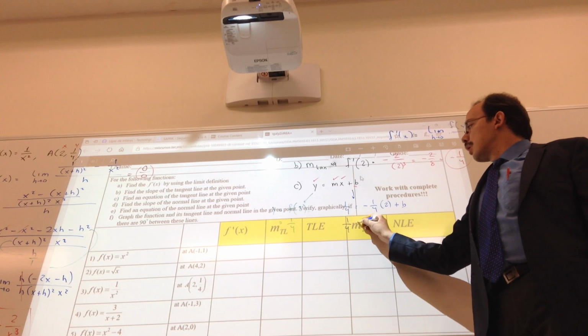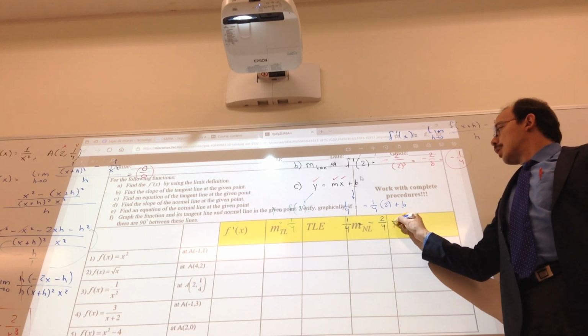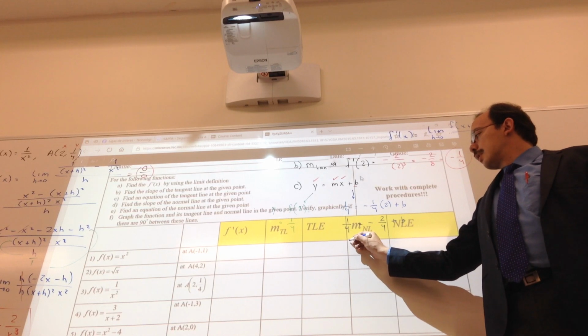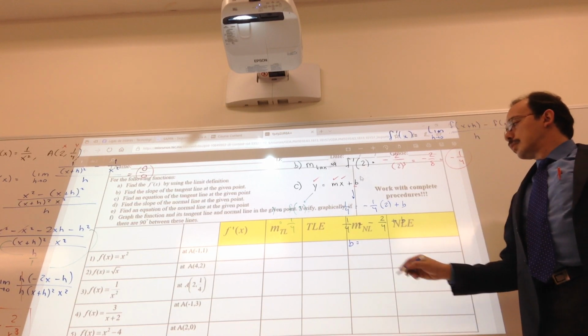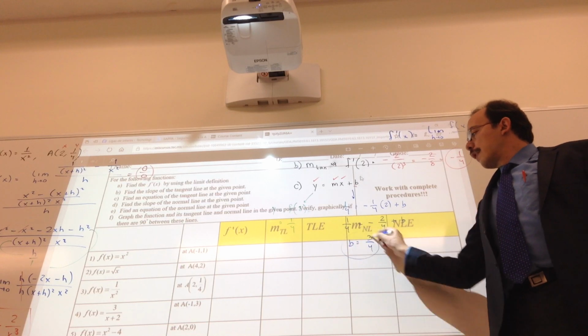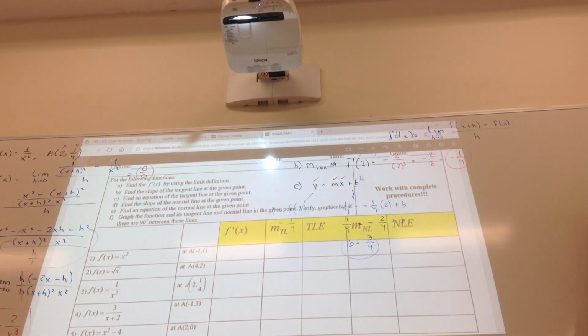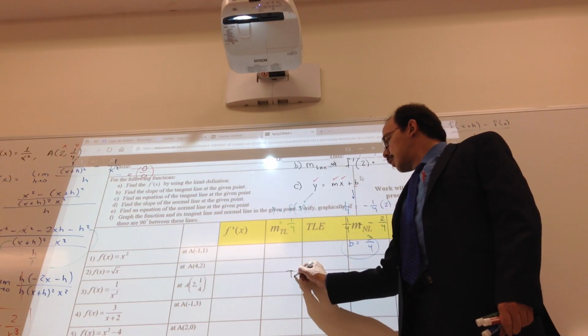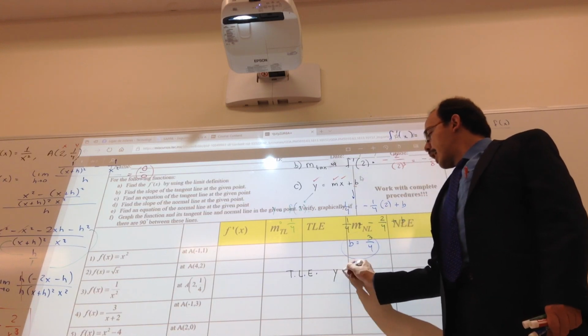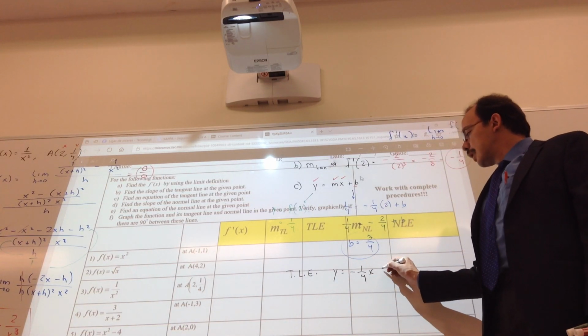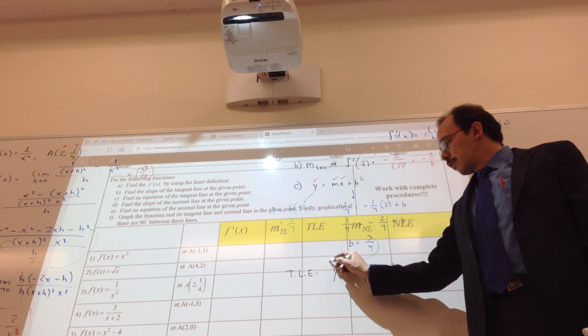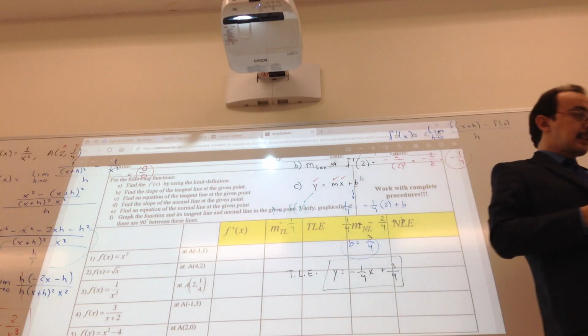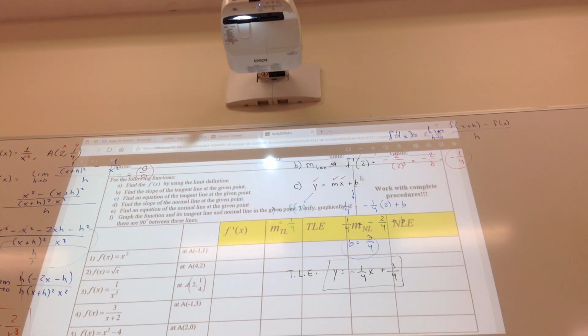So 1/4 equals minus 2/4 plus b. b is equal to what? 3/4. So what's the tangent line equation? y equals minus 1/4 x plus 3/4. That's the tangent line equation. TLE means tangent line equation. Easy.